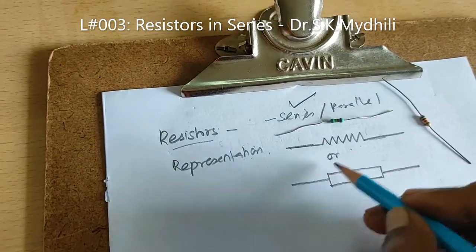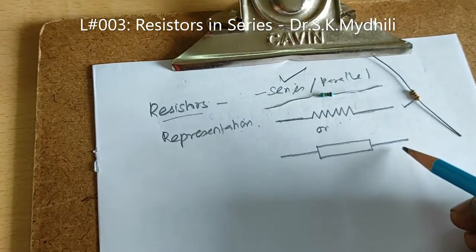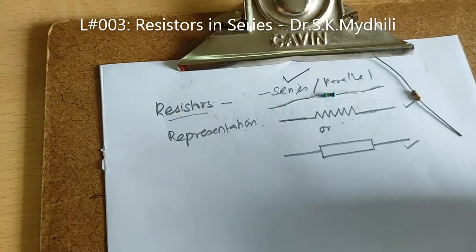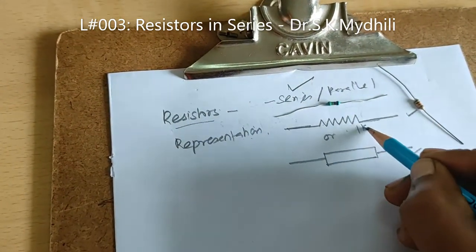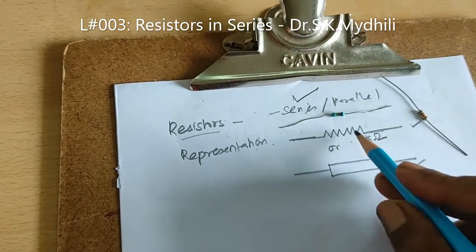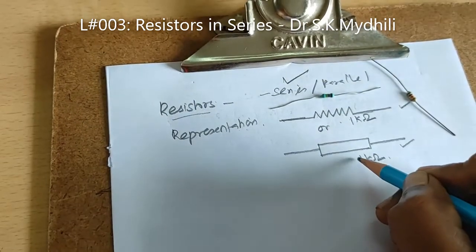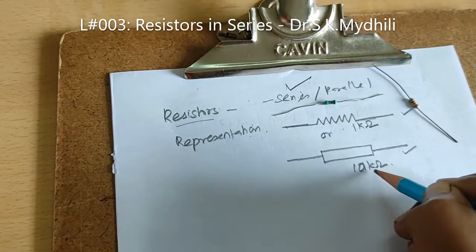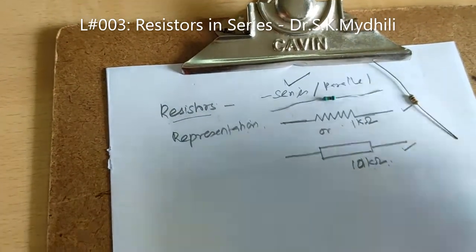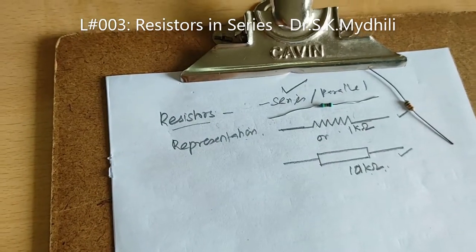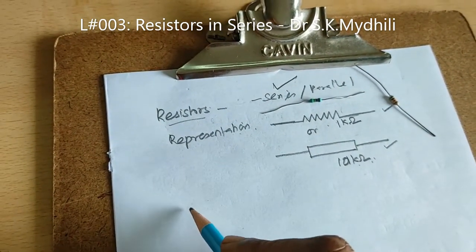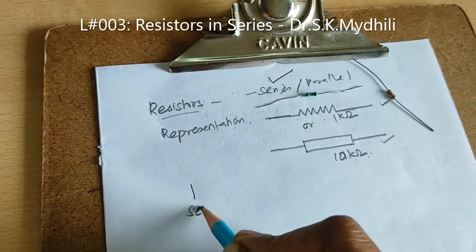So don't get confused. This is also a representation of resistance, and the value will be given adjacent to that point or block, right? So here it may be a 10k or 100k, or it may be a 1k resistance which is represented like this. So now we are going to see resistors which are connected in series.